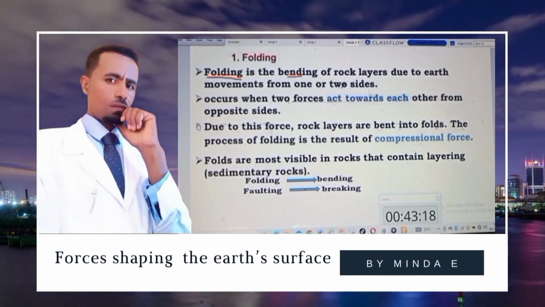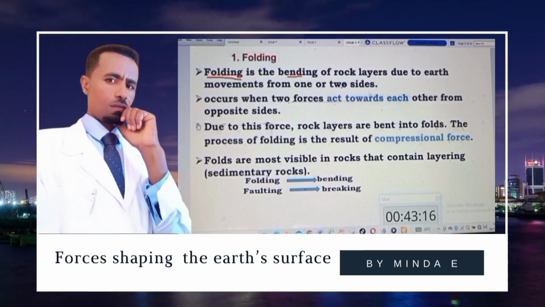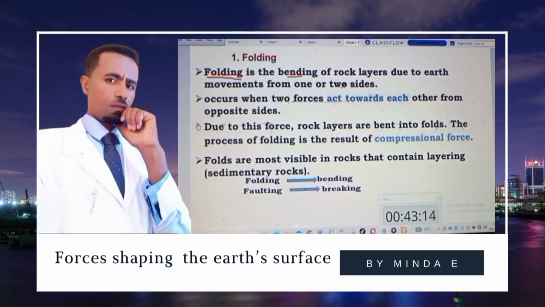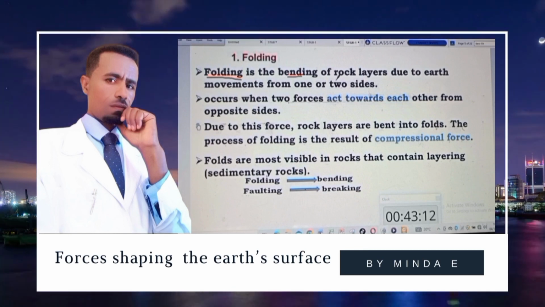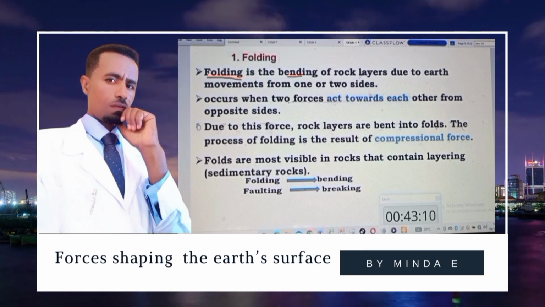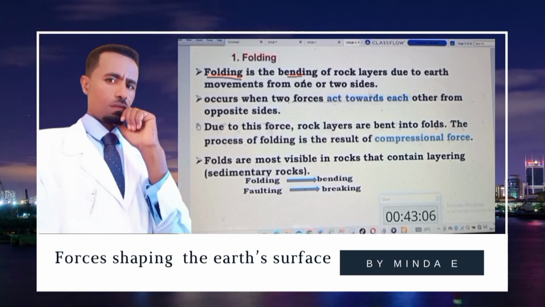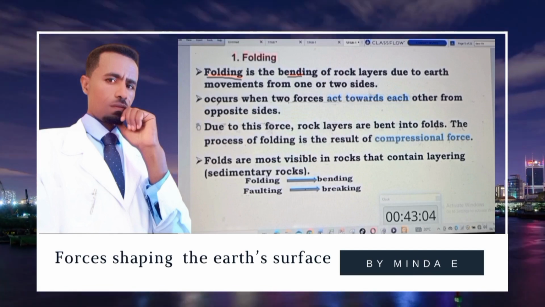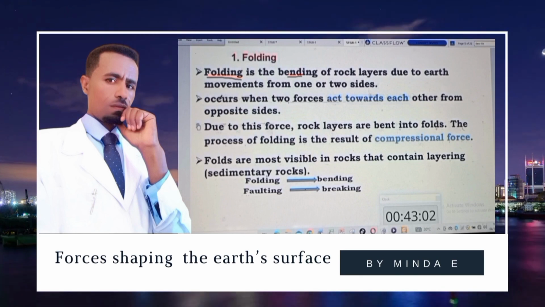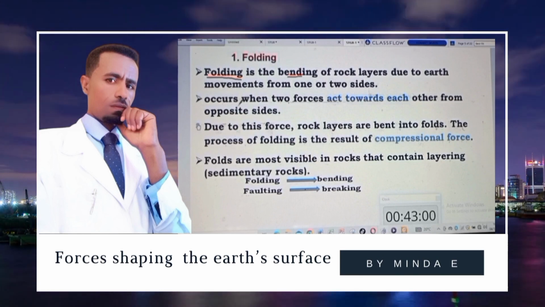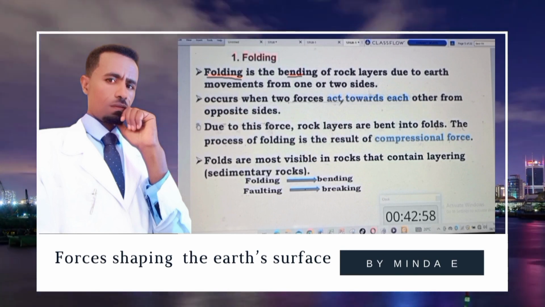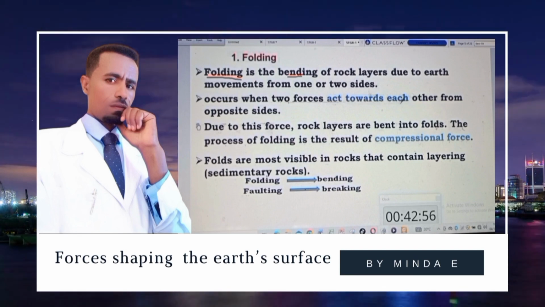So because of the movement of the earth, the earth's surface or the rock layer can bend upward or downward. This bending or folding occurs when two forces act towards each other.